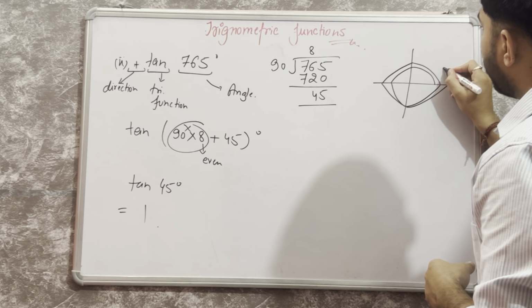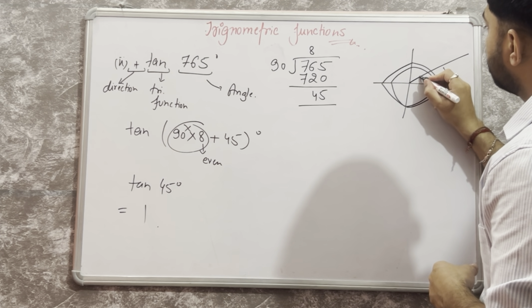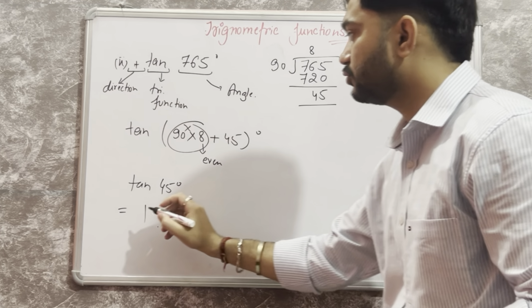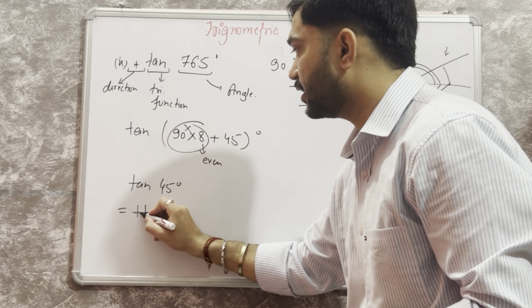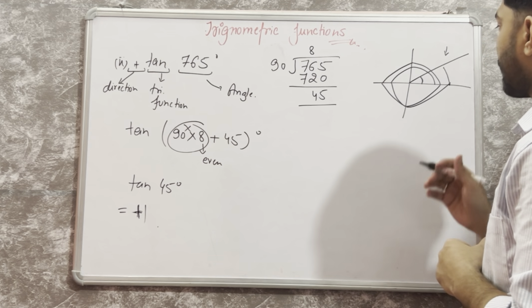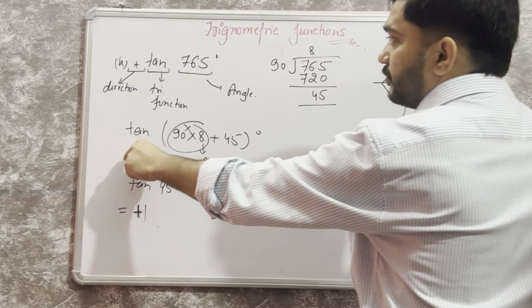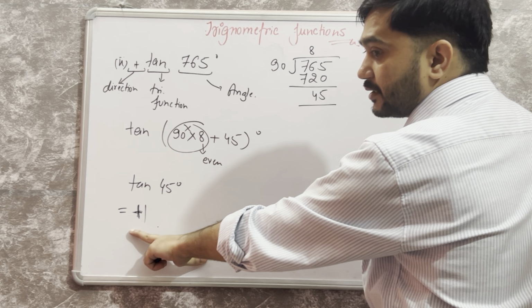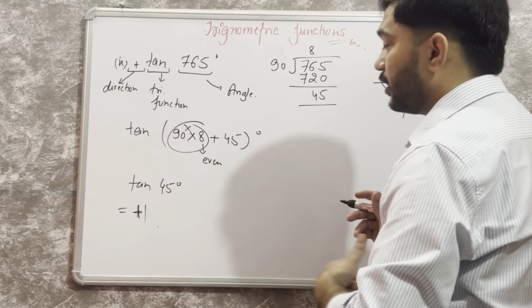It means the angle is here, and in the first quadrant it is positive. So we are going to add a plus sign. This will tell us whether we add plus or minus on it or not.